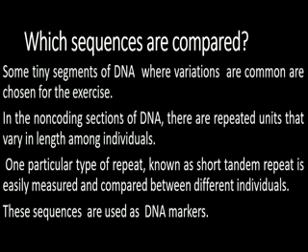In the non-coding sections, there are repeated units that vary in length among individuals. One particular type of repeat, known as short tandem repeat, is easily measured and compared between different individuals. These sequences are useful tools in DNA fingerprinting study. They are used as DNA markers.